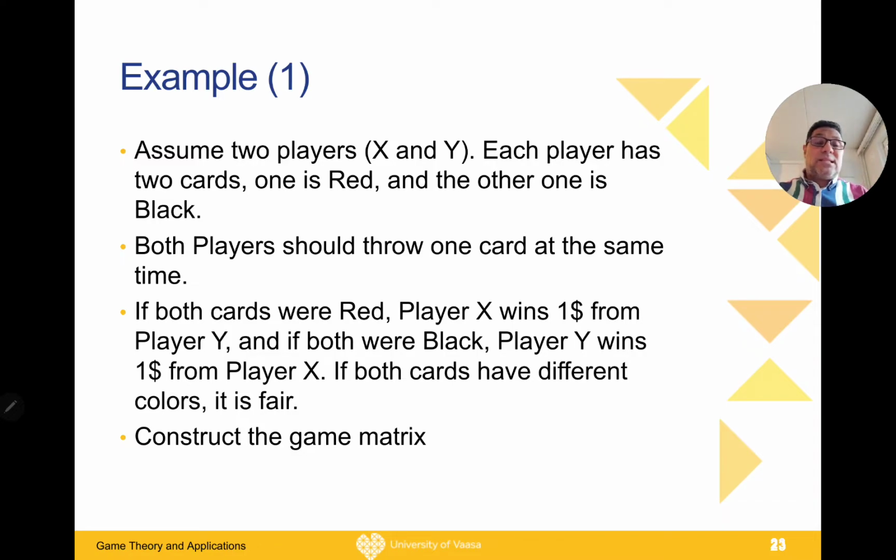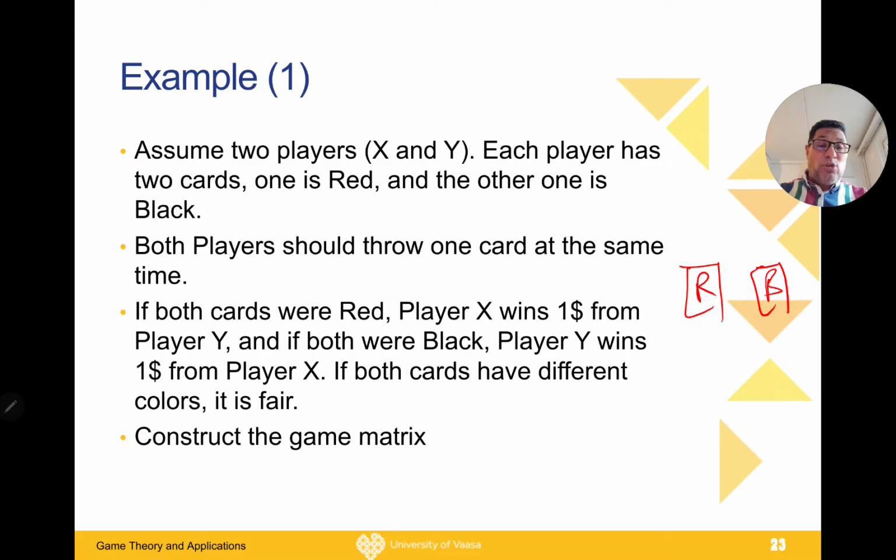Now let us start to explain these concepts with a few examples. Assume here that we have two players, X and Y. Each player has two cards, one is red and the other one is black. Both players should throw one card at the same time.